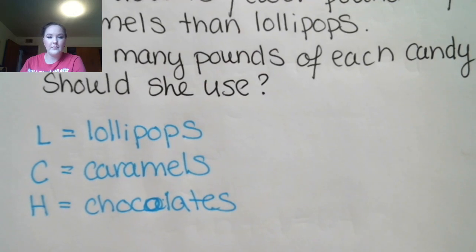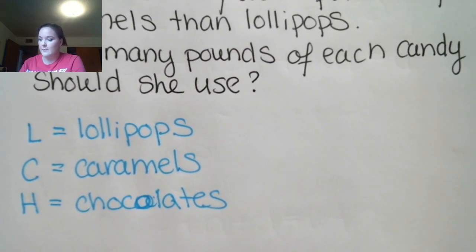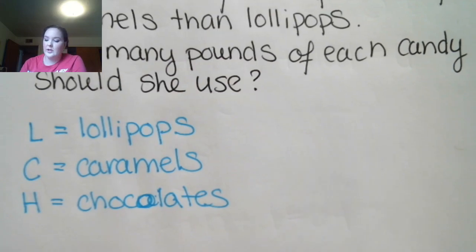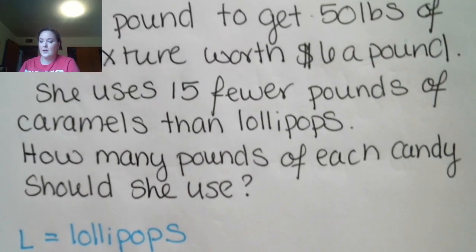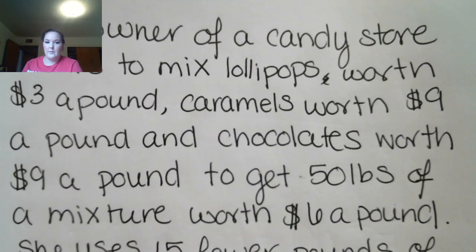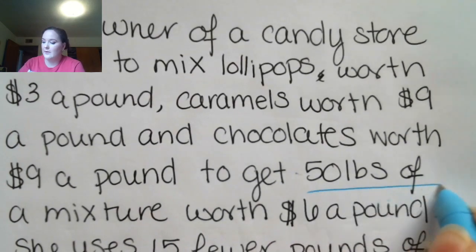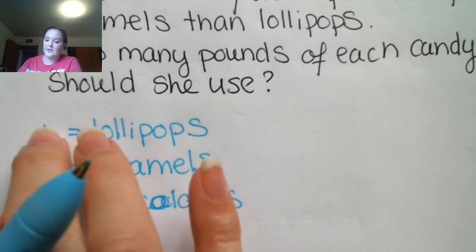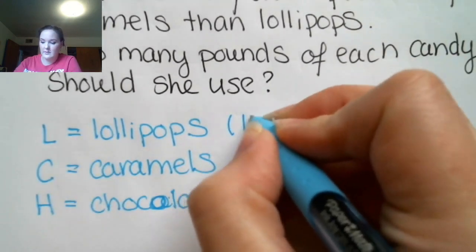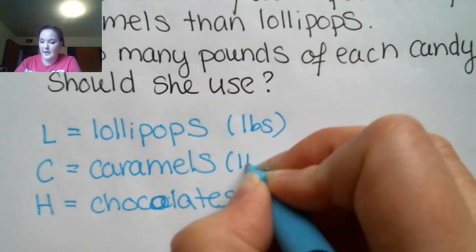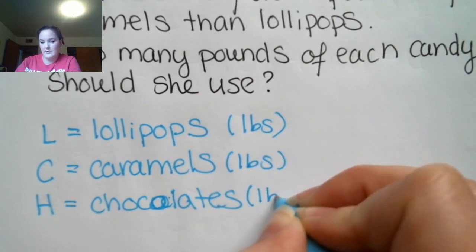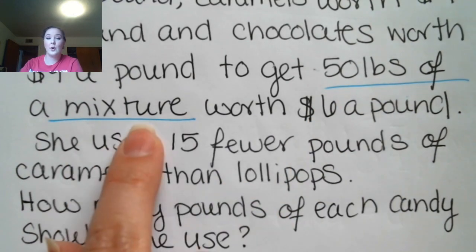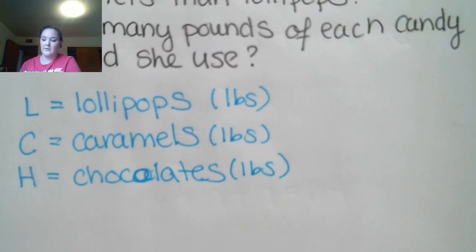Okay, all right. So now we're going to try to set up some equations. First of all, it says 50 pounds of a mixture. So if each of these is the number of pounds, then the total, the 50, should be the sum of these.